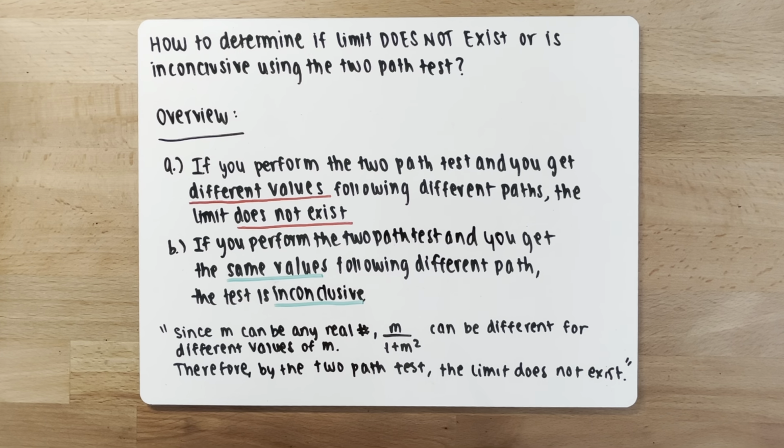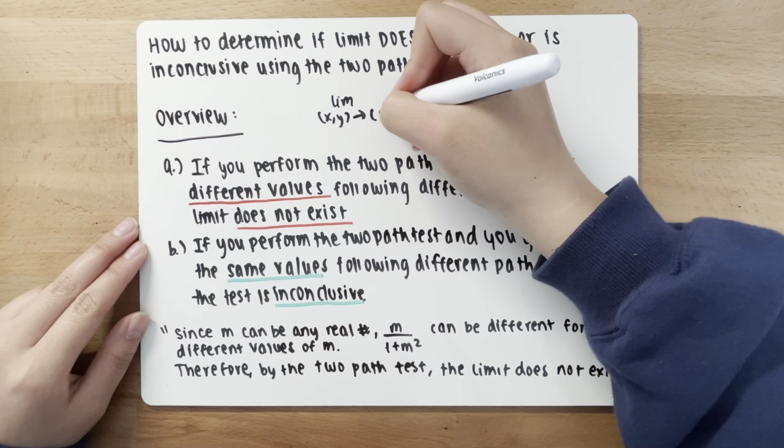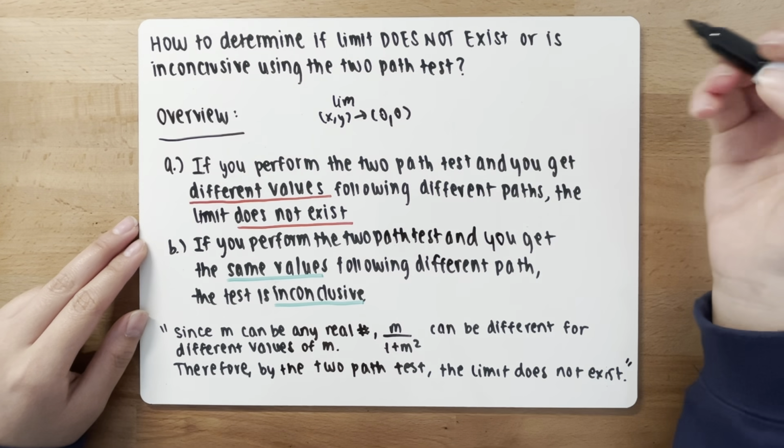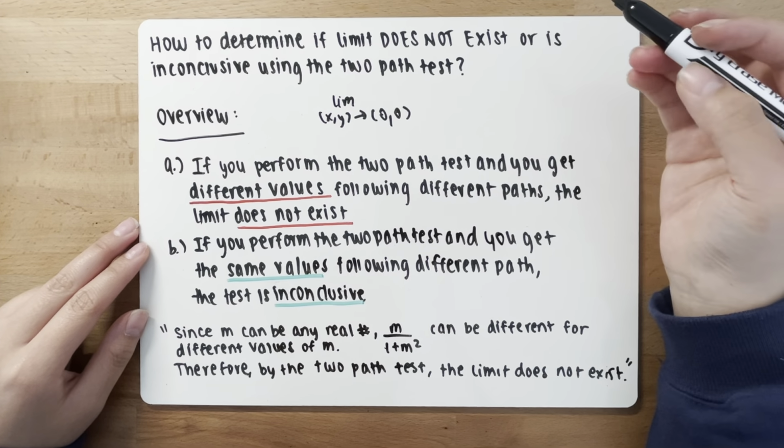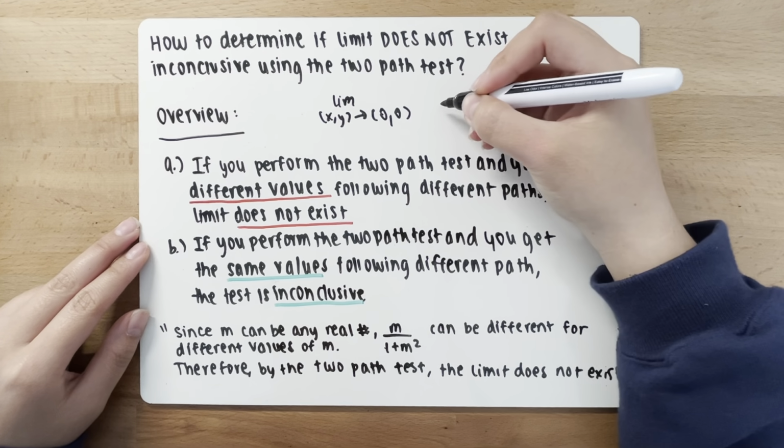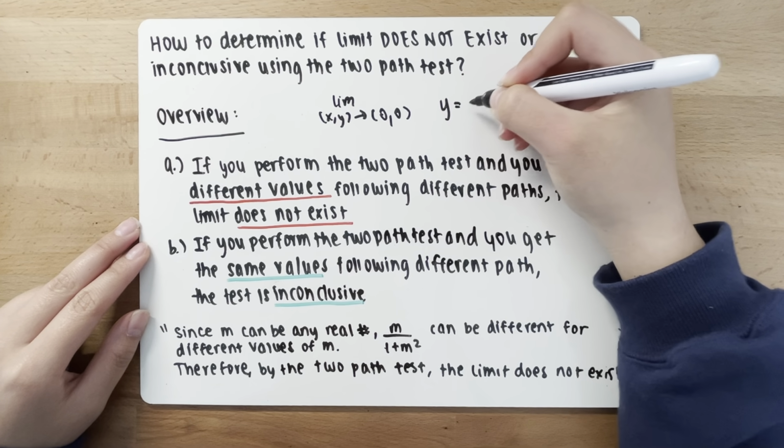And another thing that I want to point out is when you are given a limit and it says, for example, the limit of xy, as the point approaches 0, 0, you could set y to be equal to mx.